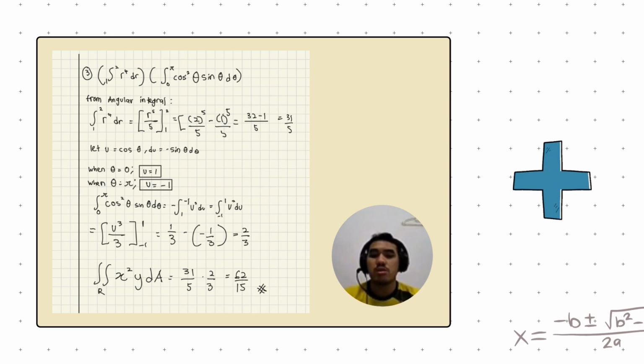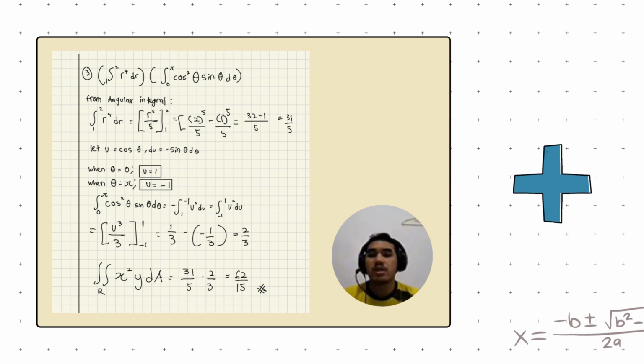After that, we simplify it using the integral, and we get u cubed over 3 from negative 1 to 1. We simplify it, and we finally get 2 over 3.